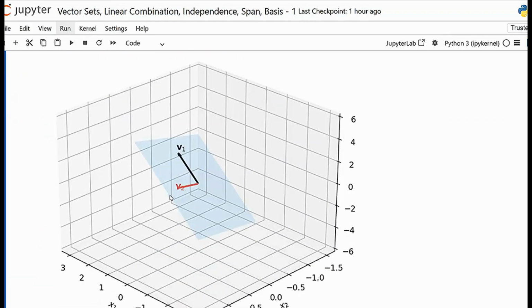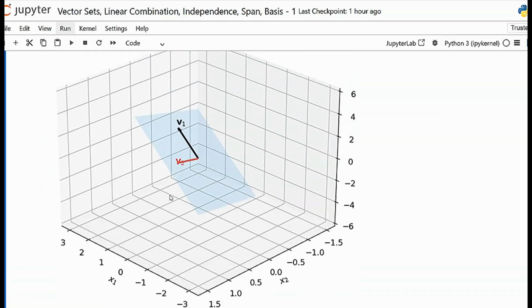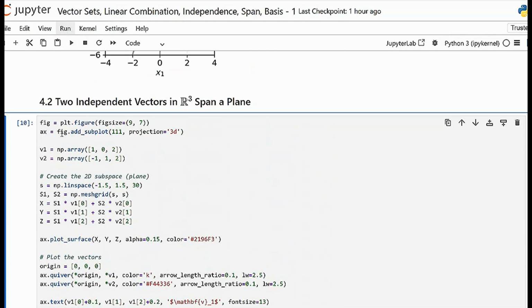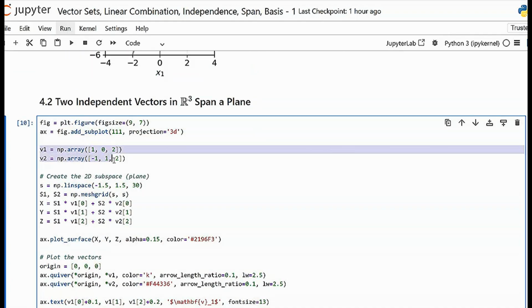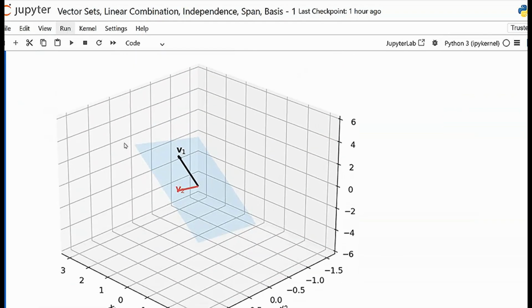Kindly observe, this is the plot we got as our result, and here we have two linearly independent vectors. So v1 is (1, 0, 2) and v2 is (-1, 1, 2). If we take the transpose, we get the three-dimensional components. They span a 2D plane, which is the blue translucent surface.